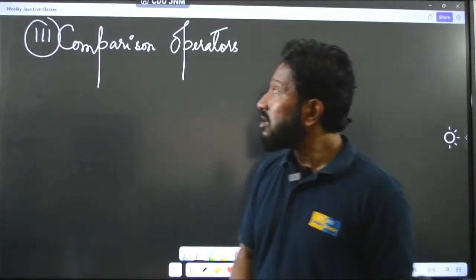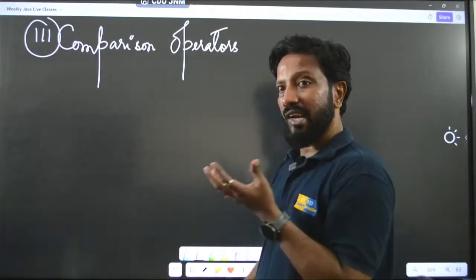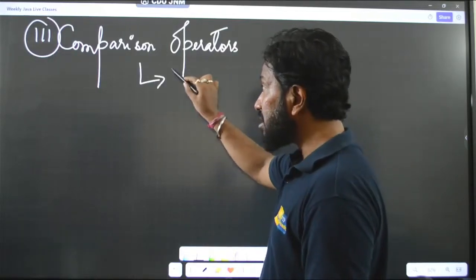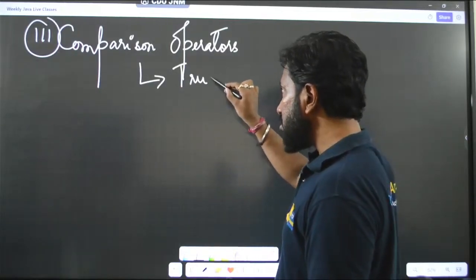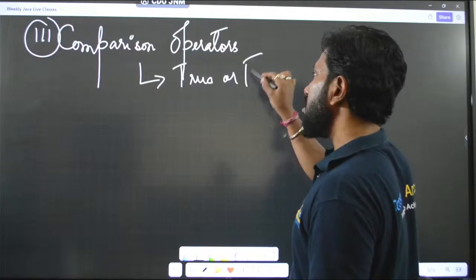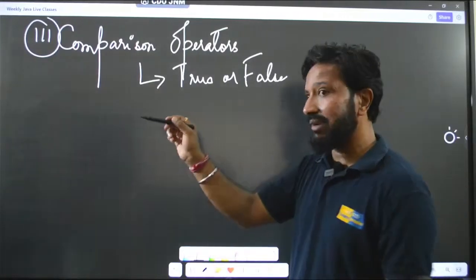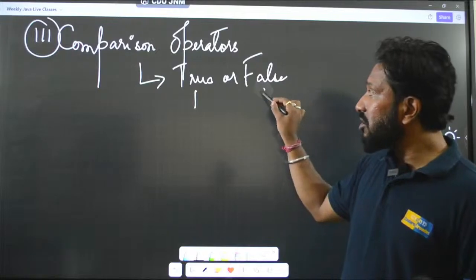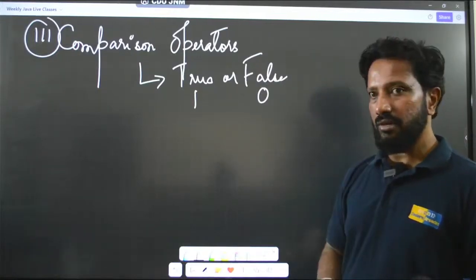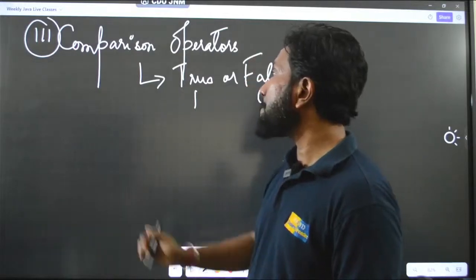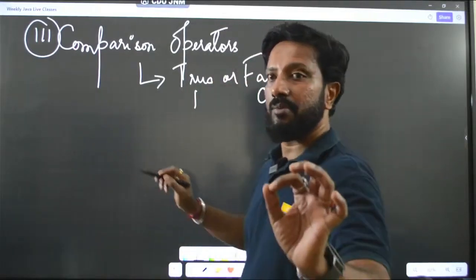Correct? So when you compare something in programming, what should be the result? Please remember, the result is either true or false. Clear? That means in programming, true is called 1, false is called 0. It will be either 1 or 0. Okay. So in that case, we have 6 comparison operators that you have to remember.